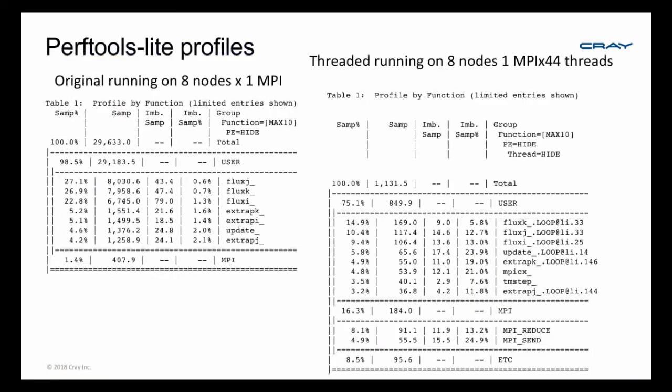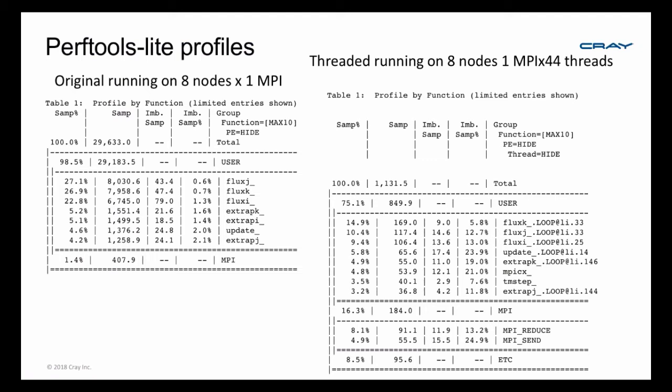And so now, after doing those 8 loops, I actually ran it with 1 MPI task and 44 threads. And so what you see is it went from 296 seconds, now this is sampling again, down to 11 seconds.